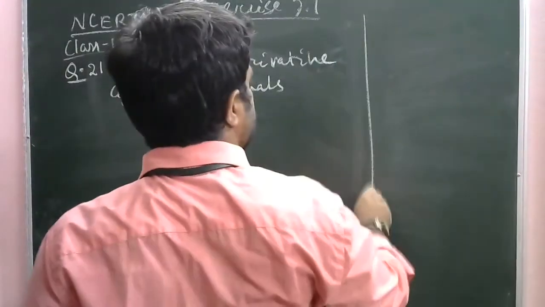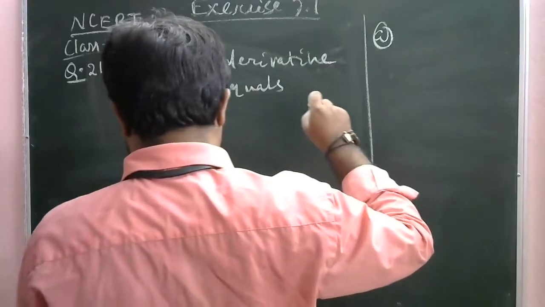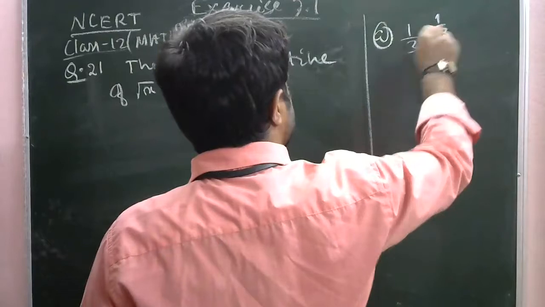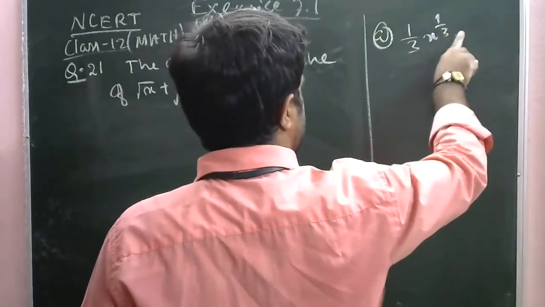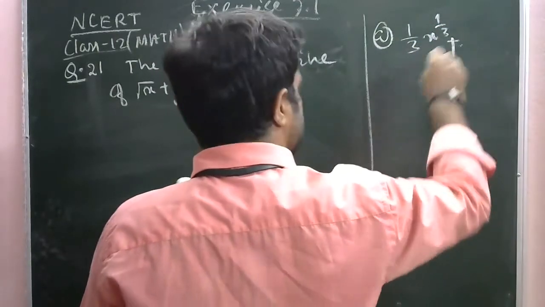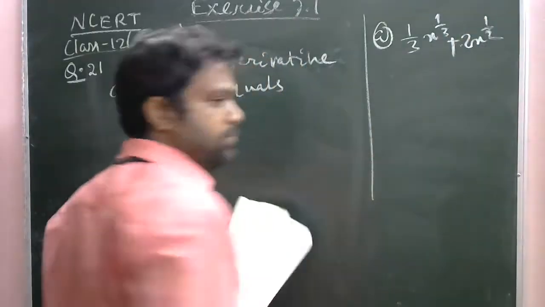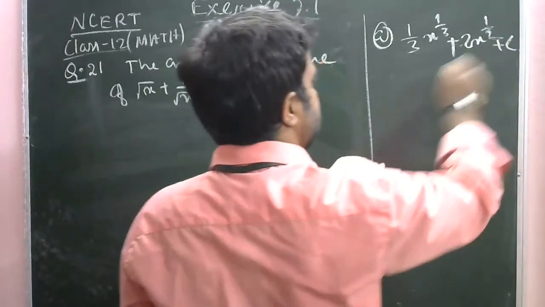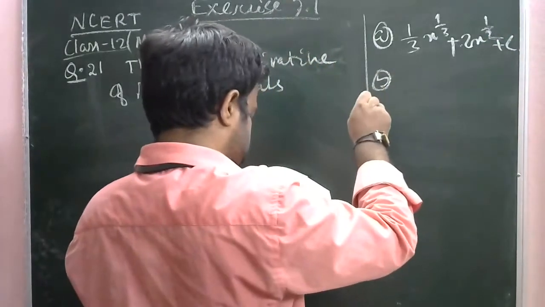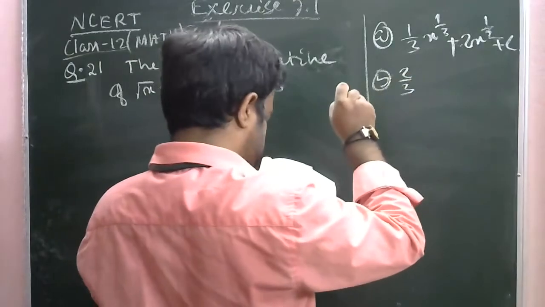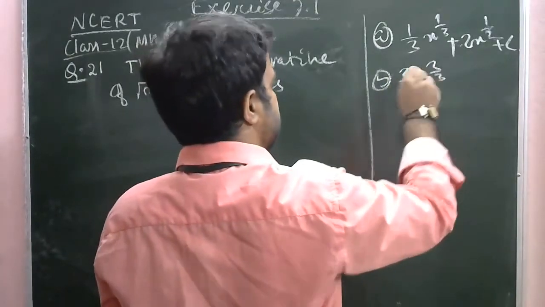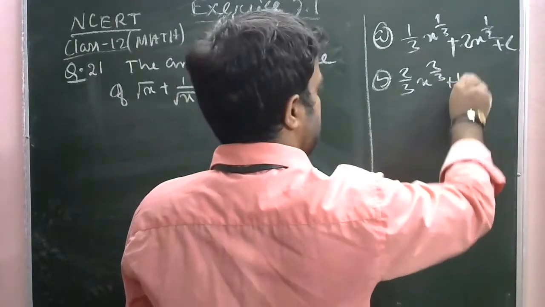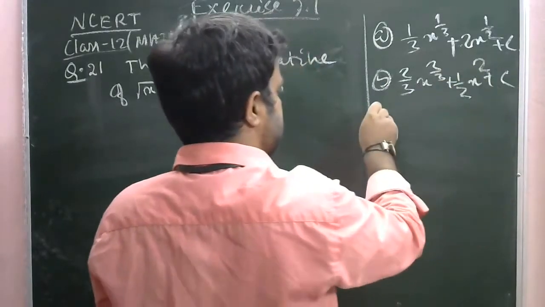So the options are: option A, 1 upon 3 x to the power 1 upon 3 plus 2 x to the power half plus c. Option B, 2 upon 3 x to the power 2 upon 3 plus half x square plus c.